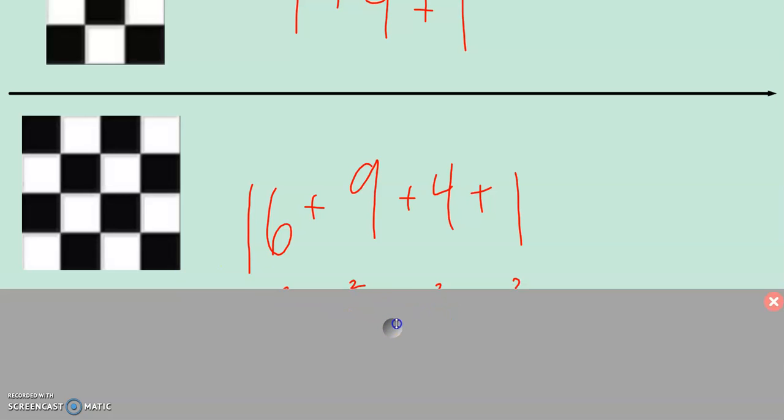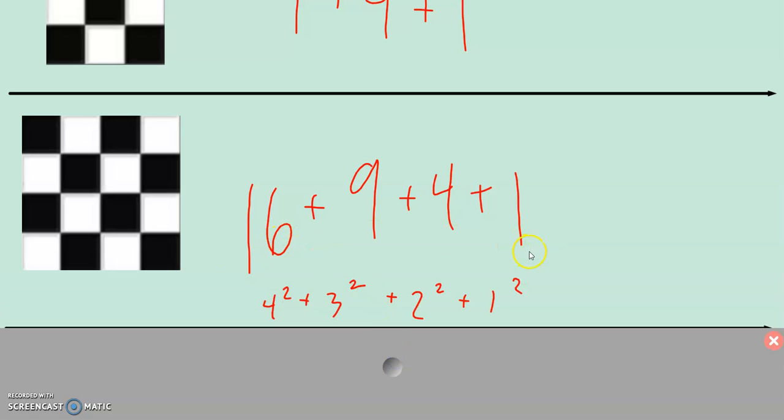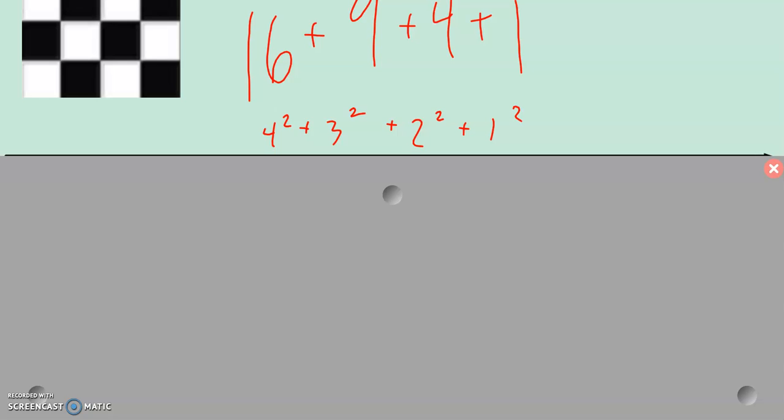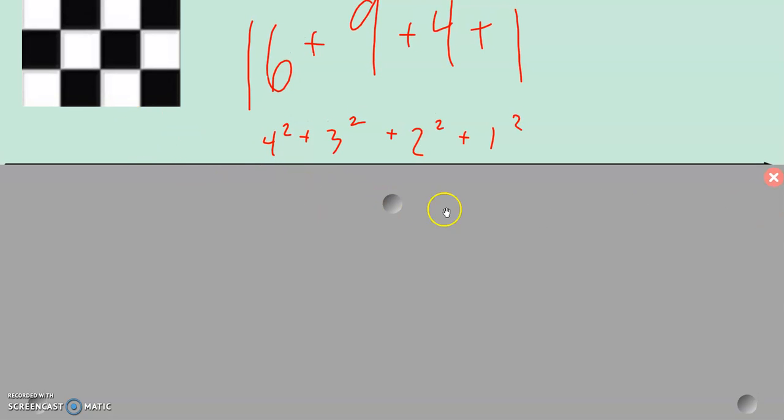And you might at this point notice that all these numbers are perfect squares. So this is 4 squared, this is 3 squared, this is 2 squared, this is 1 squared. And this first number is 4 squared, which 4 was the dimensions of the board. So if I use that same pattern, I've now recognized a way to answer a question like this for any size board.